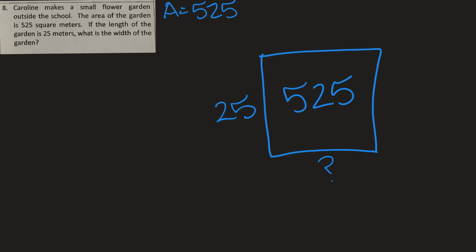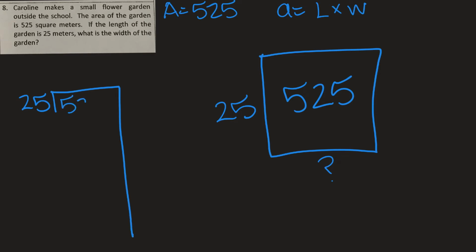So we know to find area, we multiply the length times the width. So when I have one side and the total, I know I can divide the total by that one side to find the length of the other side.